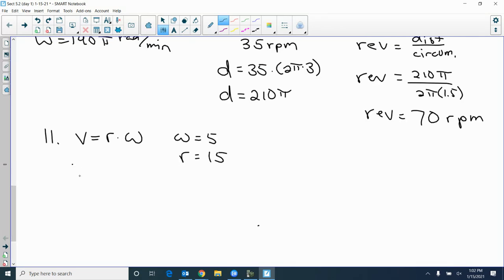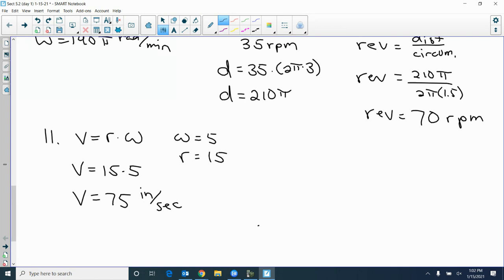So the velocity is 15 times 5, but what, and that's 75, and what are the units? According to what we got, if it's 5 radians per second, and we got a 30-inch diameter wheel, it's going to be inches per what? Second. And what do they want the units to be in? They don't want inches per second, they want feet per minute.